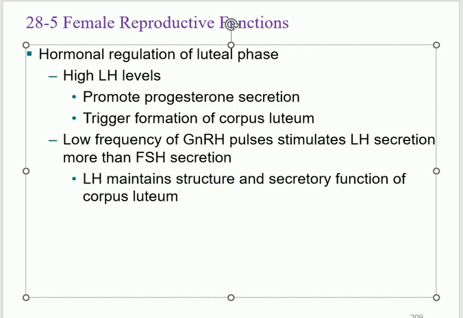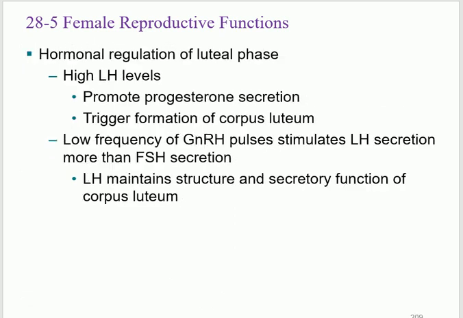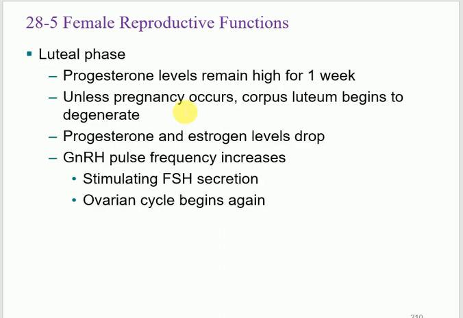Is it coming or not? We don't know, but it has to prepare anyway. And what continues the function of the corpus luteum? It's LH. So here in the luteal phase, progesterone increases. It goes to the endometrium, leading to secretory phase. So now you have both progesterone and estrogen.